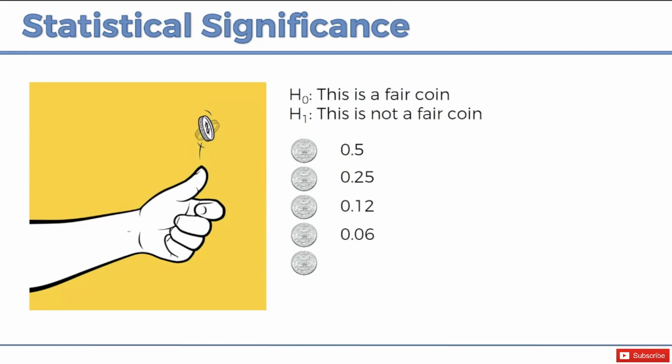Your feeling is natural, because if we assume that it is a fair coin, the probability of this happening is only 3%. So if we assume that we live in a universe where the null hypothesis is true, where the coin is a fair coin, we would have only seen this with a likelihood of 3%, meaning that you would have to watch this experiment on 33 different occasions.